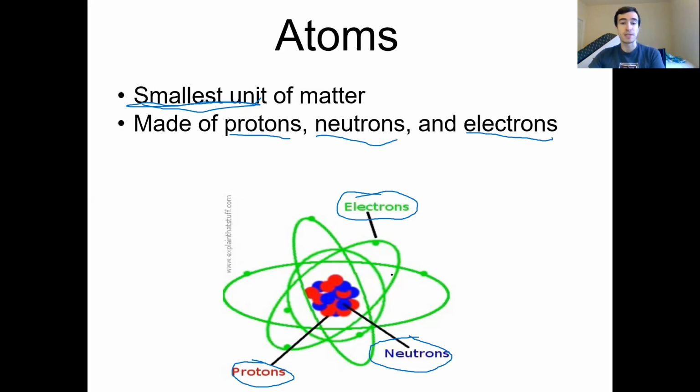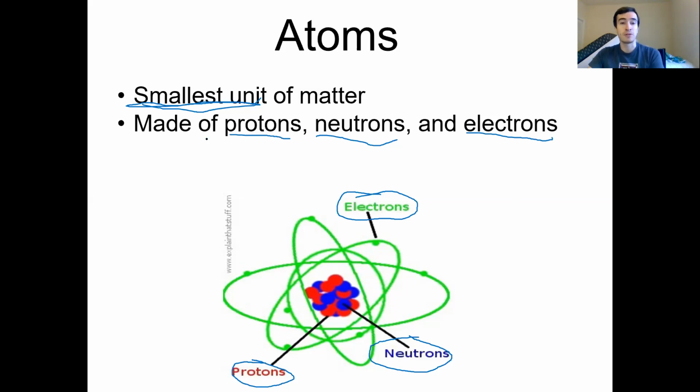So this is just kind of a basic cartoon image of what an atom looks like. Atoms are so tiny that it's almost impossible to see individual atoms, even with the most incredibly powerful microscopes that humans have been able to build so far. But we've been able to figure out some specific characteristics that all atoms share in common.